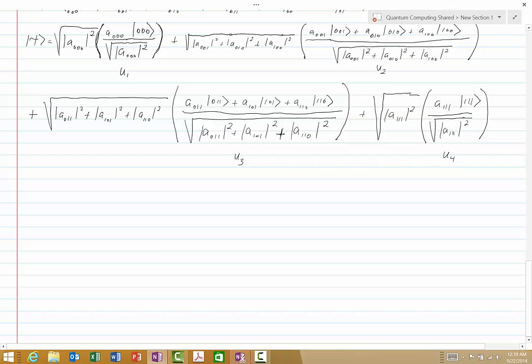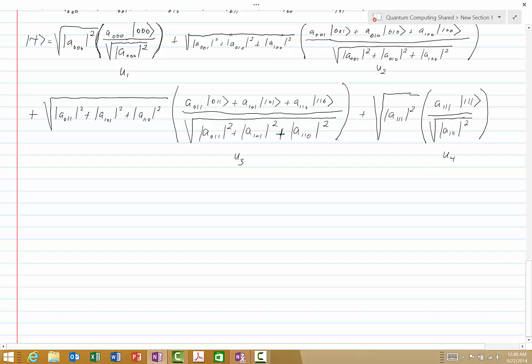And notice that in each case we've done just as we did before. We look at each part separately. Let's look at the S1 part here. So the S1 part, remember the basis was 001, 010, and 100.